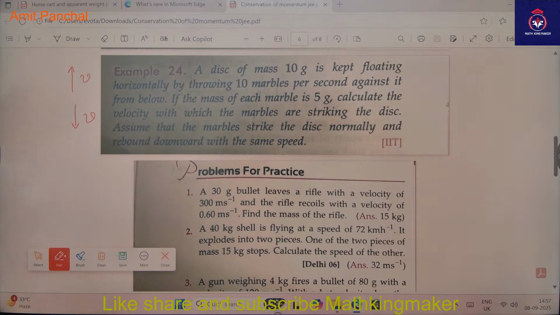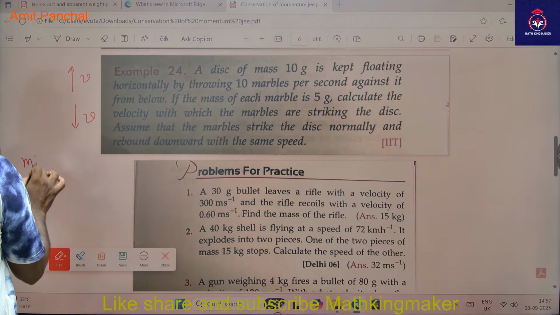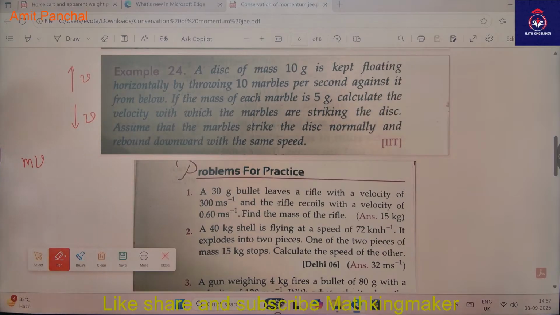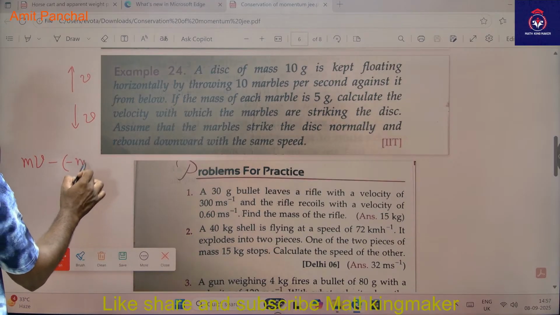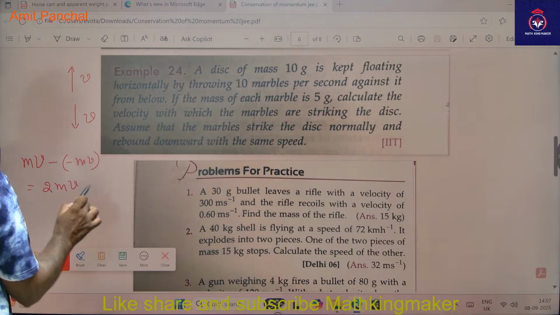Change in momentum means what? Initially it was going with the momentum mv. It is coming back with negative mv. So how much is the change? It will be mv minus negative mv, so it will be 2mv.